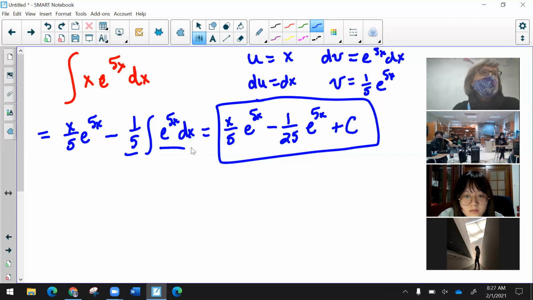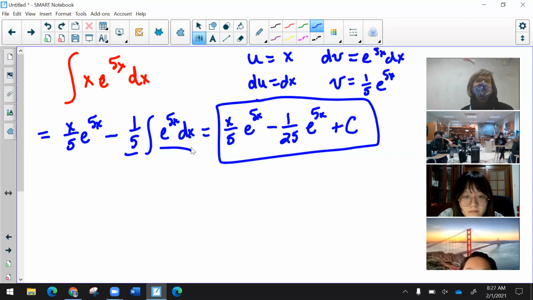But then when I integrate this, the antiderivative of that is still 1/5 e to the 5x. So now I've got 1/5 times 1/5 e to the 5x. Amy, Yvette, you doing all right? Yes, okay.